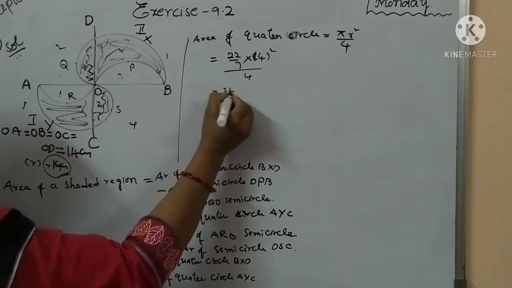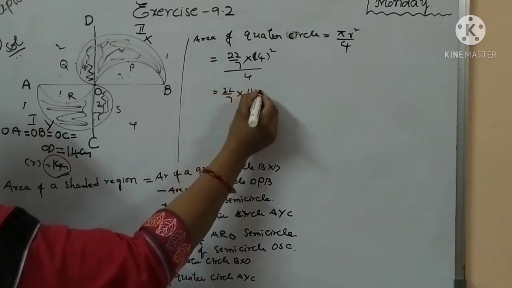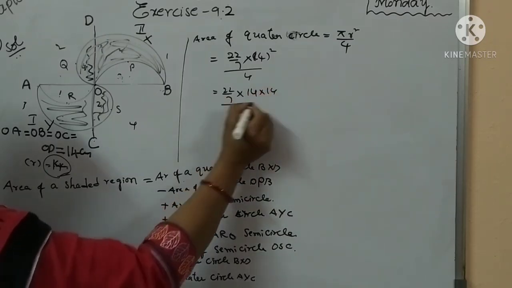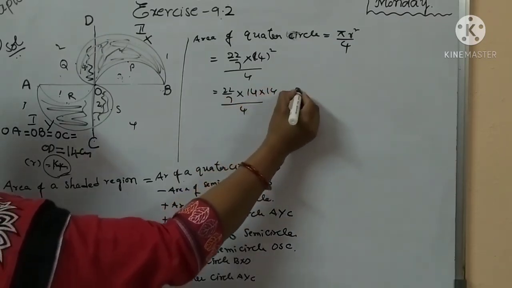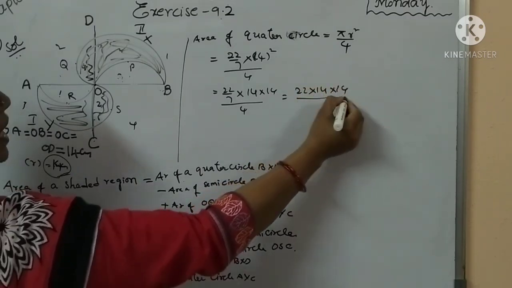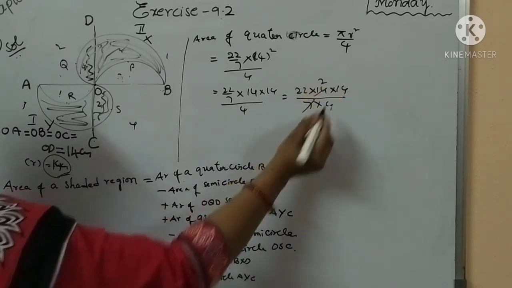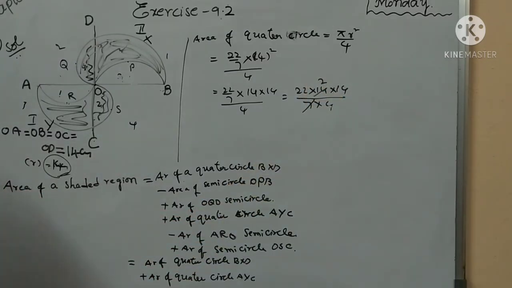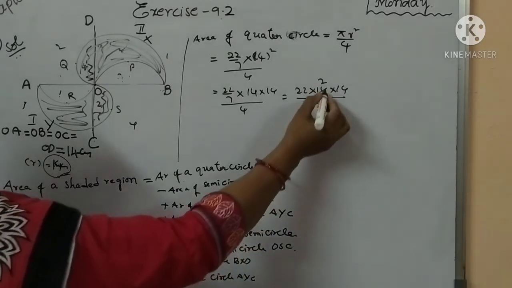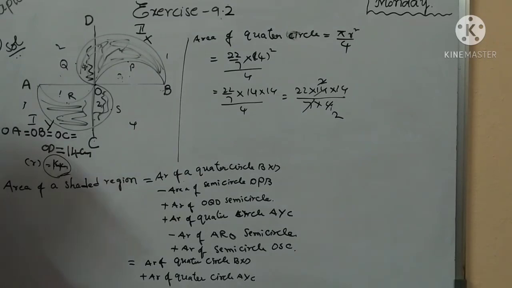So here 22 by 7 into 14 into 14 by 4. 22 into 14 into 14 by 7 into 4. Here 7 twos are 14. Next, 2 twos are 4.